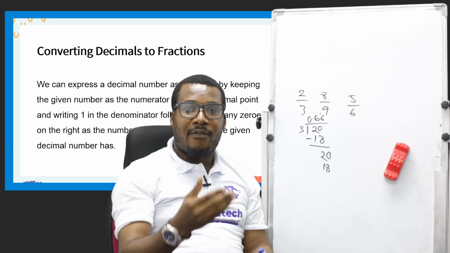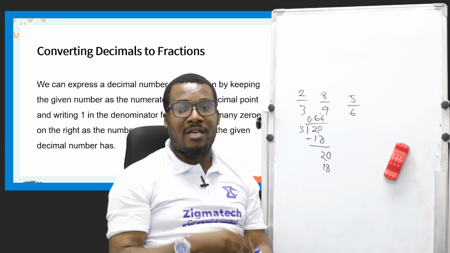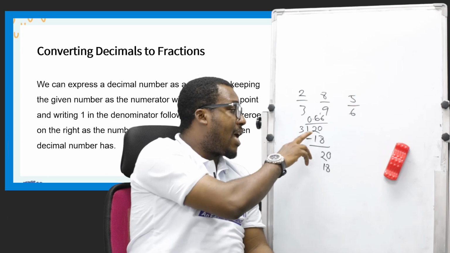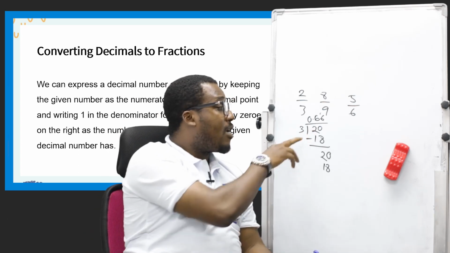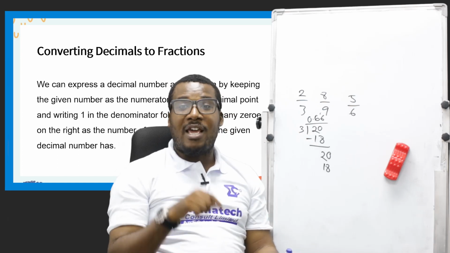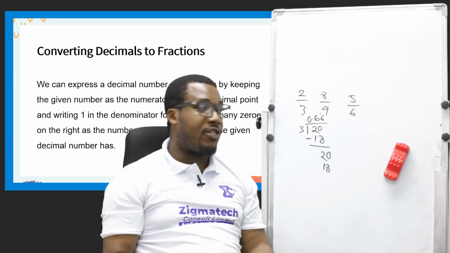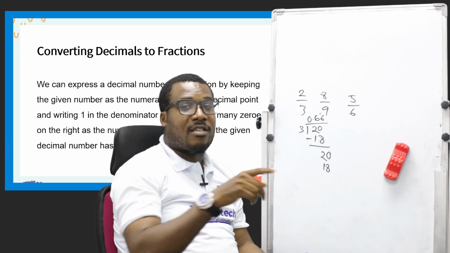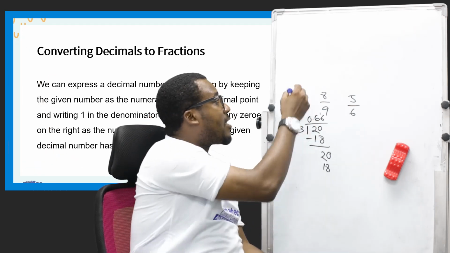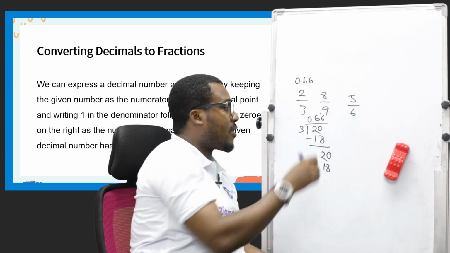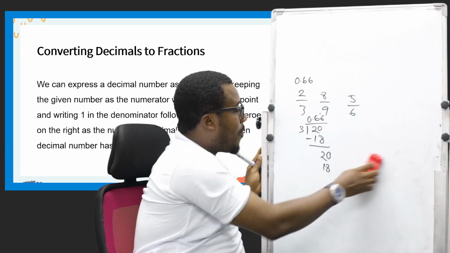The decimal will keep on going till life ends, till Jesus Christ comes, if you believe in him. This 20 will keep on appearing, the 18 will keep on appearing, and it will never change. You keep having 6, 6, 6, 6 till infinity. So we can end there, and we see that our answer for this one is 0.66. So we have the first fraction, 0.66.